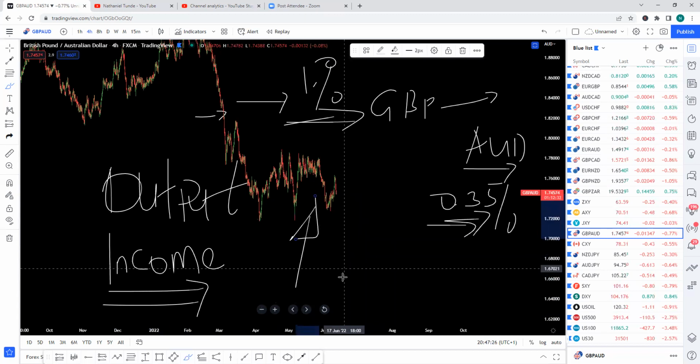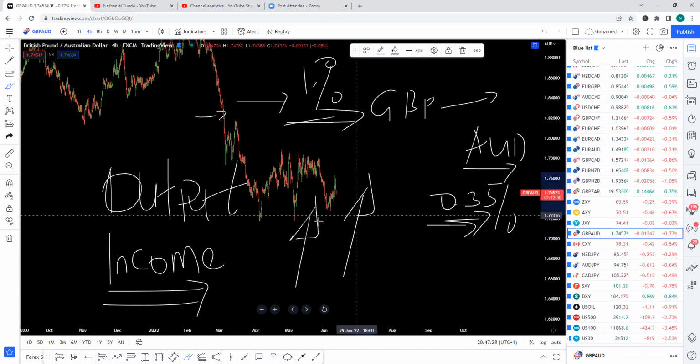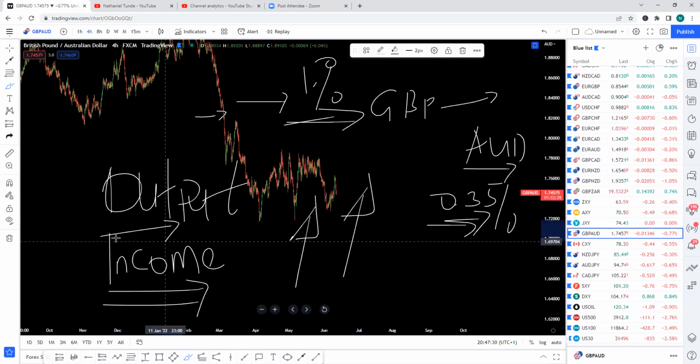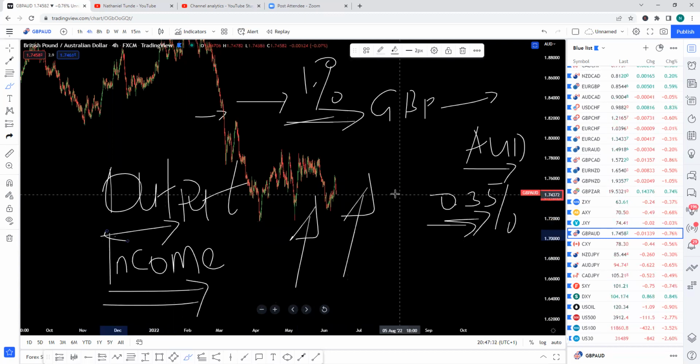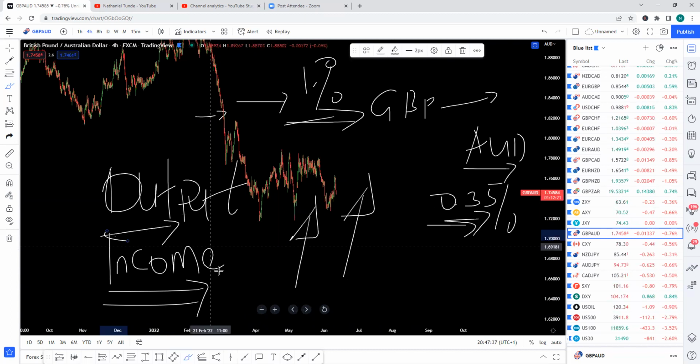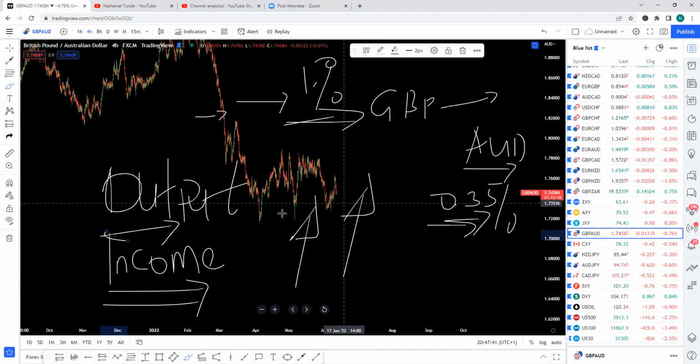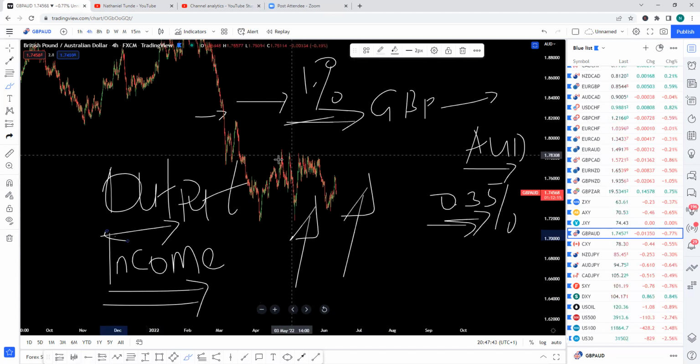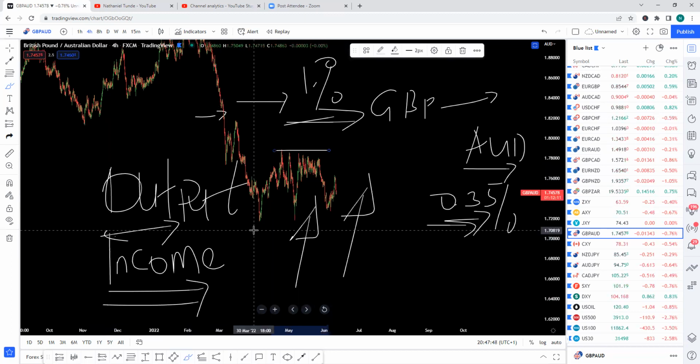So if there is inflation as a result of increase in productivity, whatever happens to the interest rate, I don't care. I want to buy into that currency because I know the inflation experienced there is a result of increase in productivity.